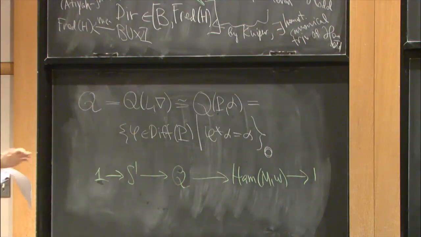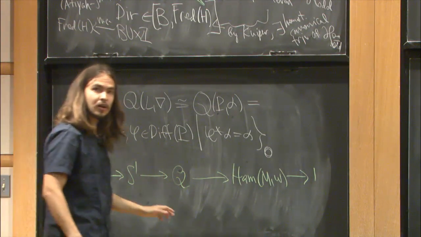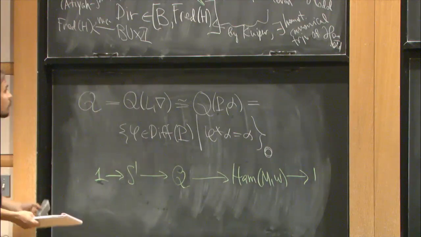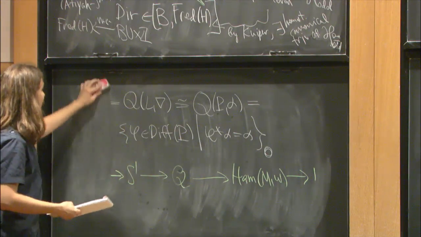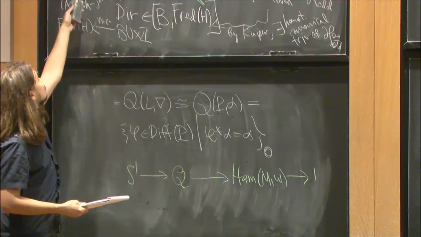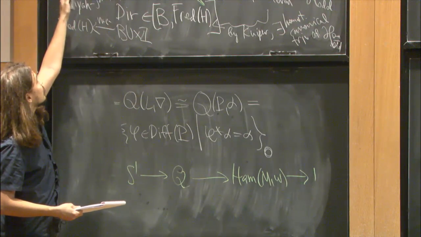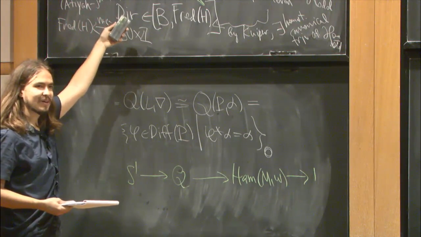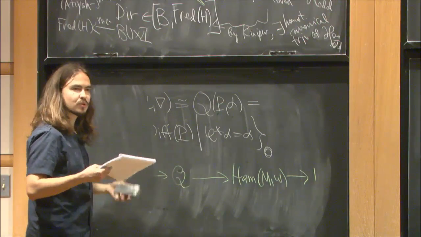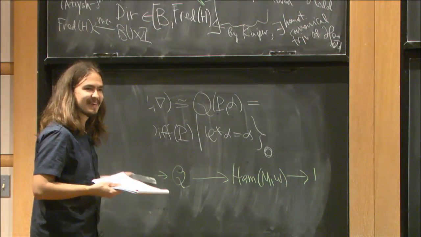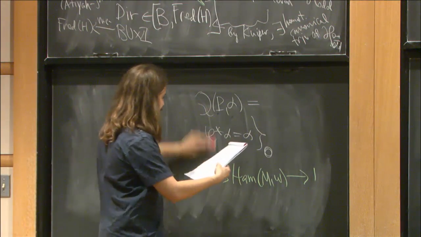All right, and now I'm almost done. So there's an invariant of pre-quantum fibrations. Just need to compute it in at least one case, and that would be very nice.